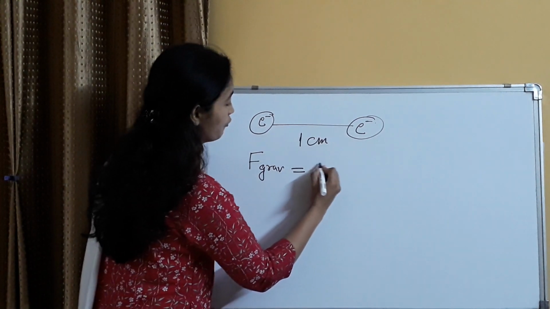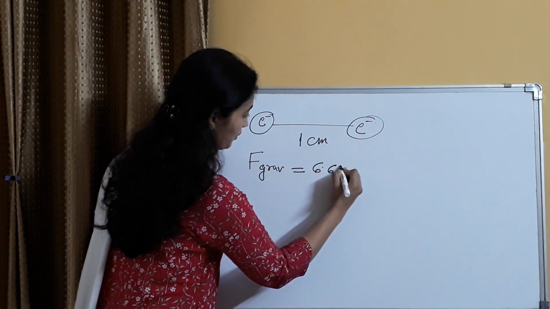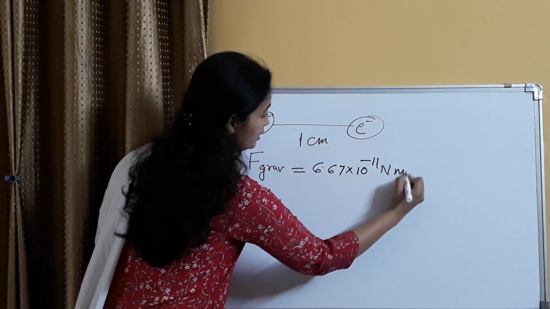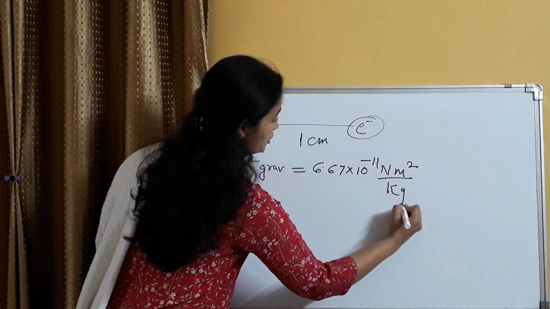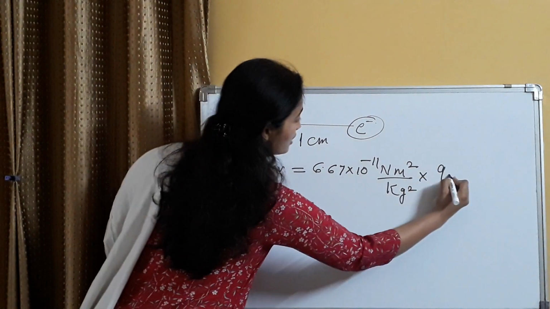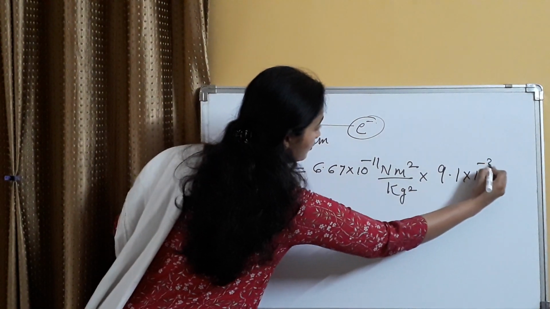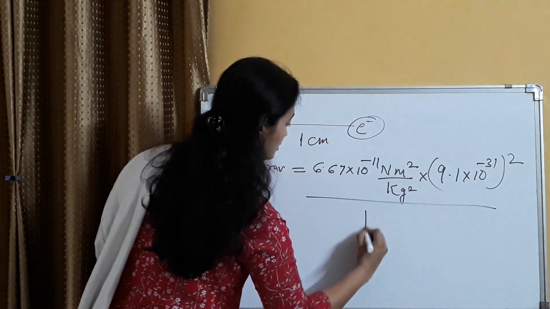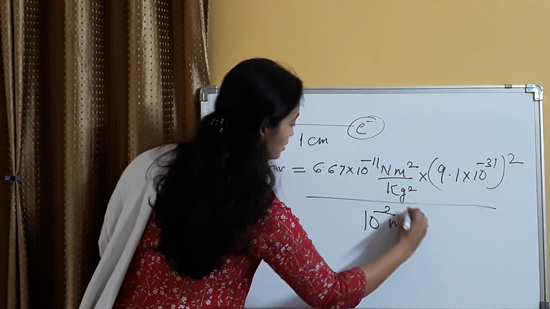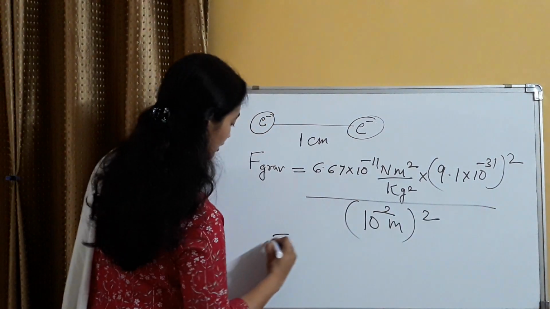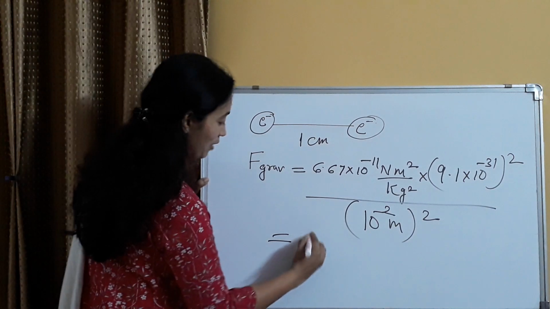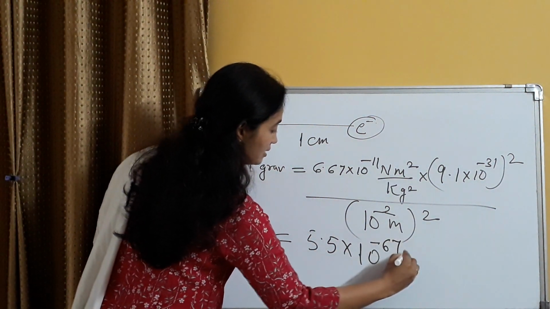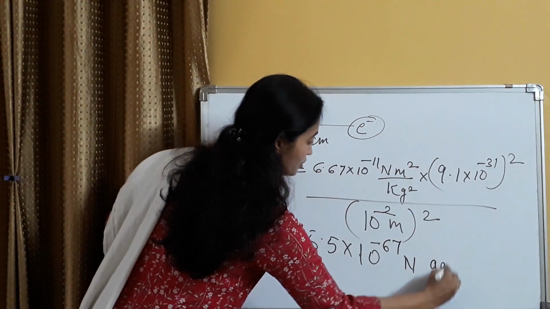So the gravitational force which they will experience is 6.67 into 10 to the power minus 11 newton meter square per kg square, into the mass of the electron squared, upon the square of the distance, which is 10 to the power minus 2 meters squared. The value comes out to be approximately 5.5 into 10 to the power minus 67 newtons.